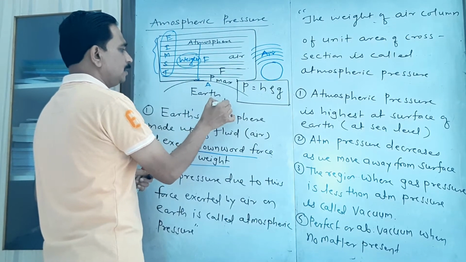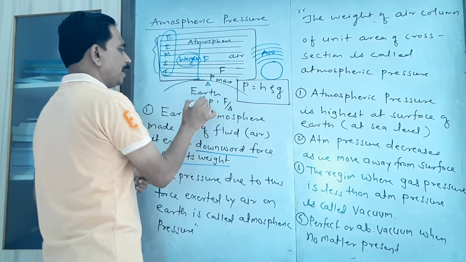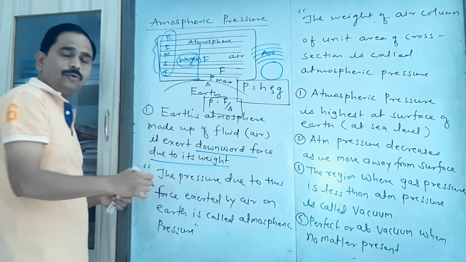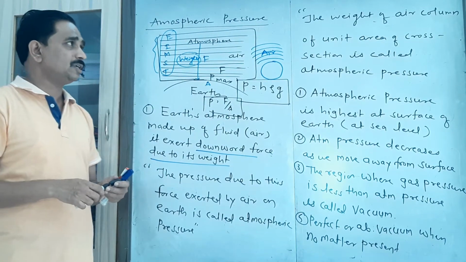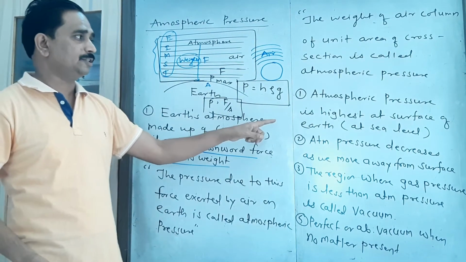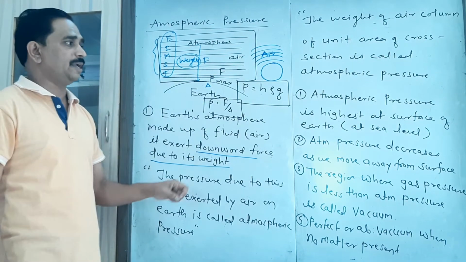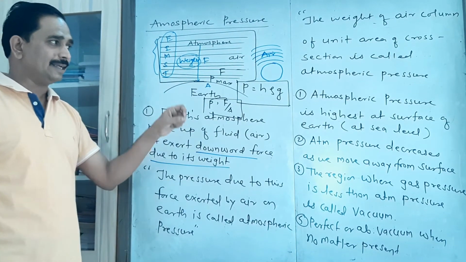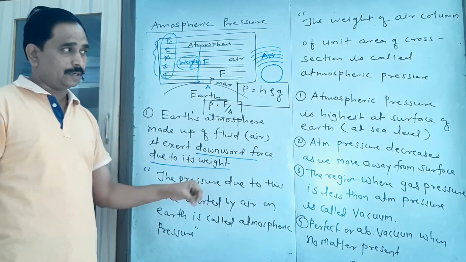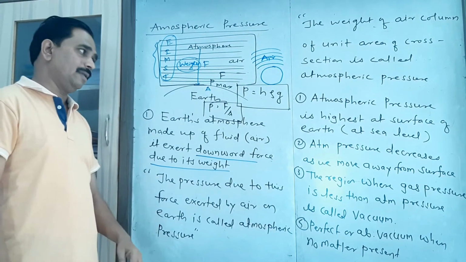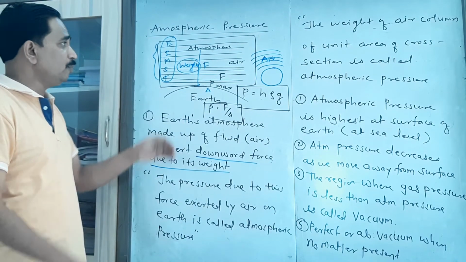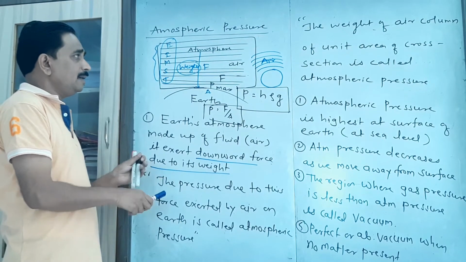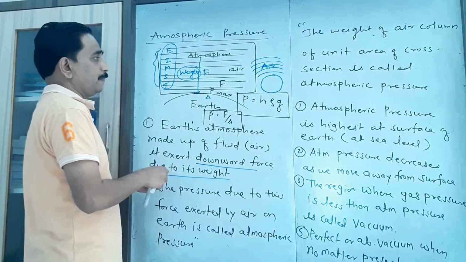From the relation P equals F by A, greater the force, greater is the pressure. So the first point: the atmospheric pressure is highest at the surface of the earth, that is at sea level.